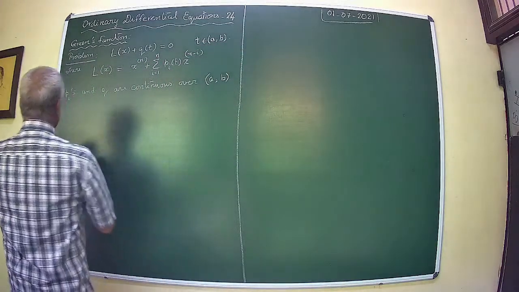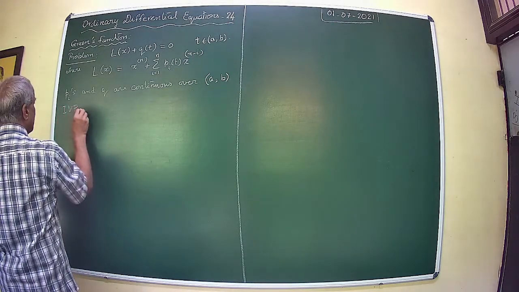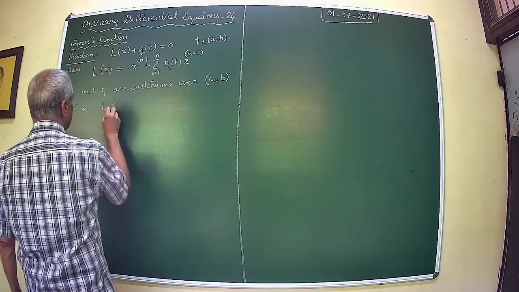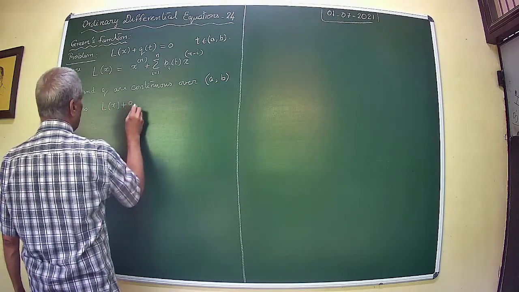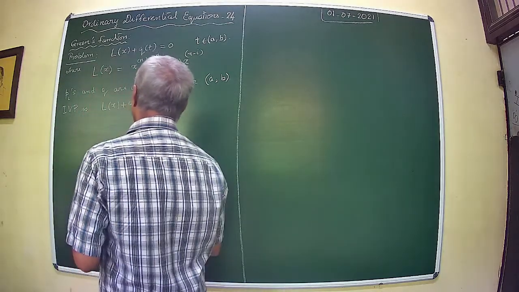Now the problem is this. So the initial value problem is Lx plus Q equal to 0 with the condition.